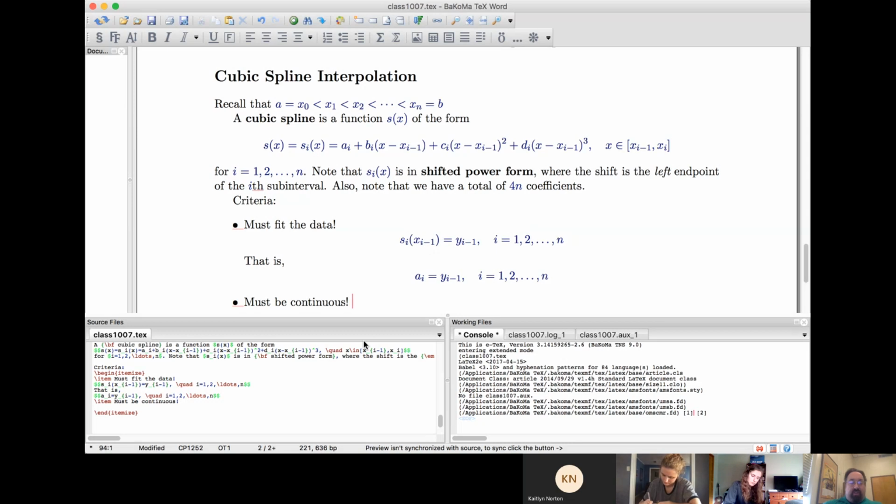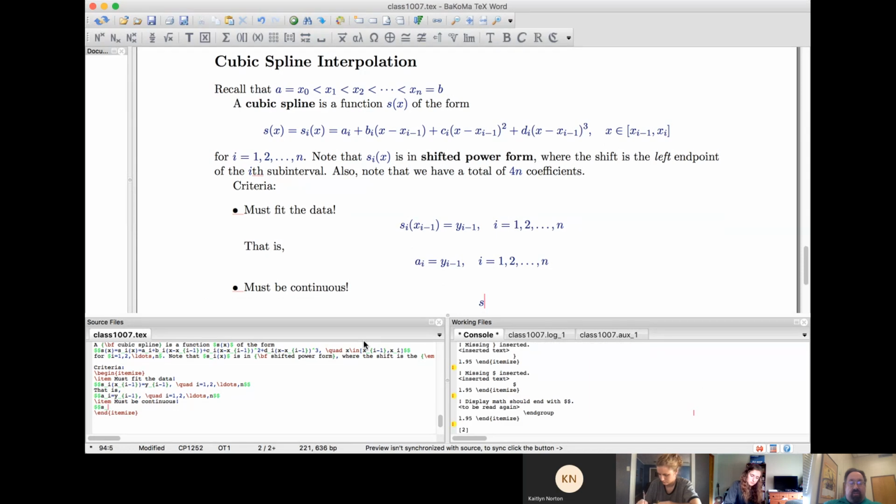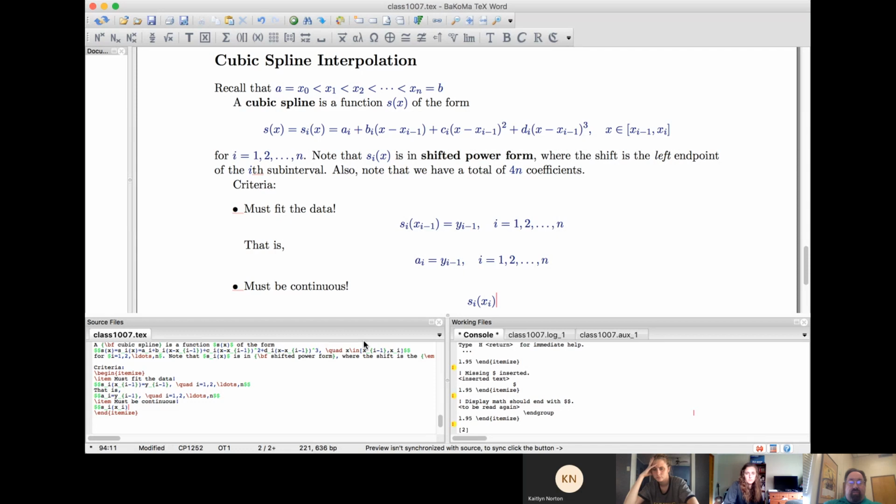Well, now I need to see what happens when I plug in the right endpoint. If I plug in x_i into this piece, then it must be equal to the value of the next piece at the same point. They have to match up.